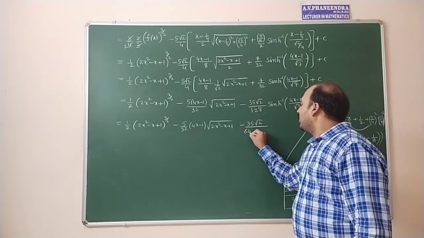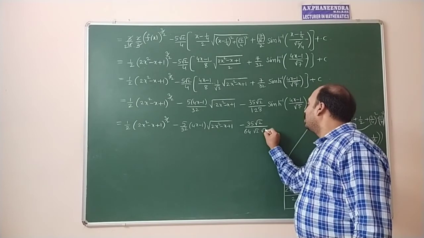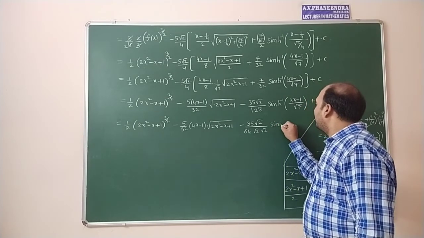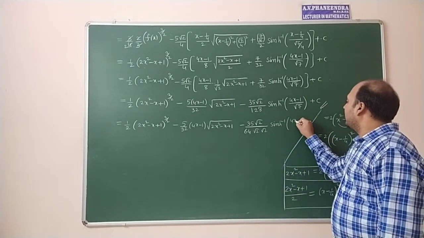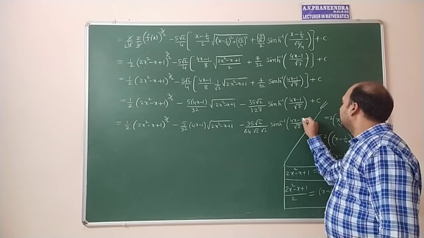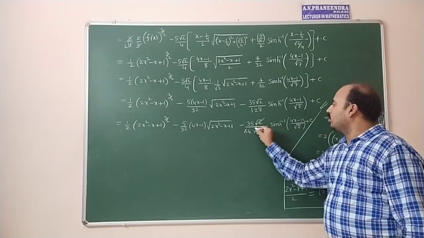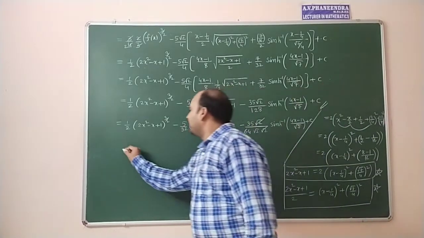So 64 into 2 can be written as root 2 into root 2, sinh inverse of 4x minus 1 divided by root 7 plus c. Root 2 get cancelled.